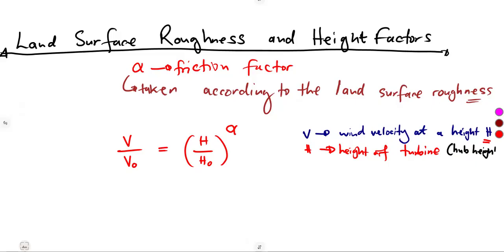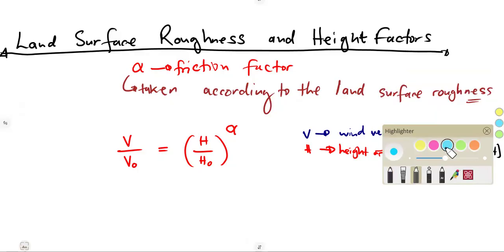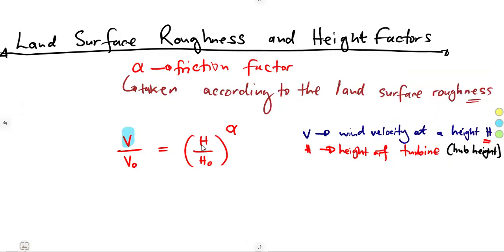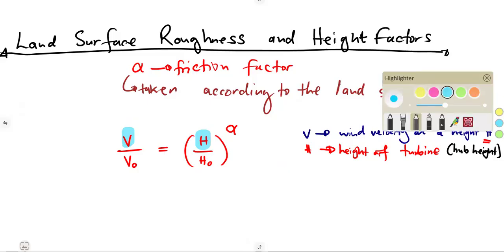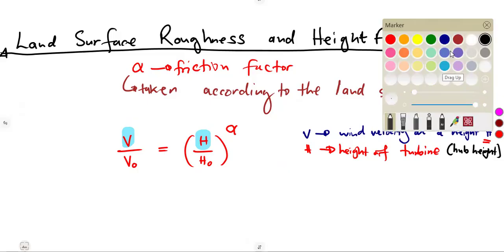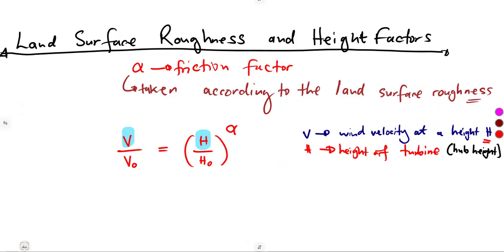Whenever we have this V, it goes hand in hand with H. These two, hand in hand. Whereas the other velocity that we are given of the wind, V naught, goes hand in hand with this height. And what does that height represent?